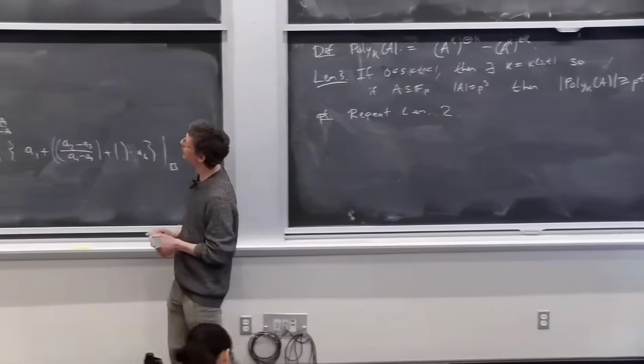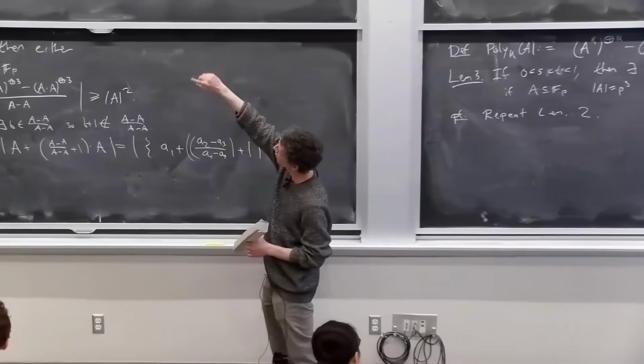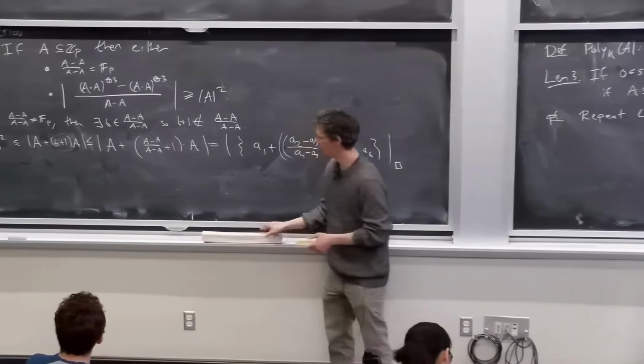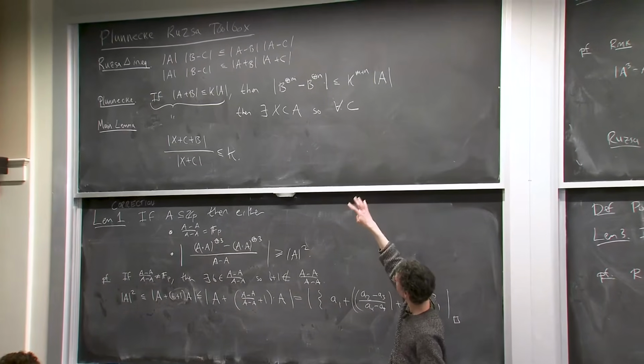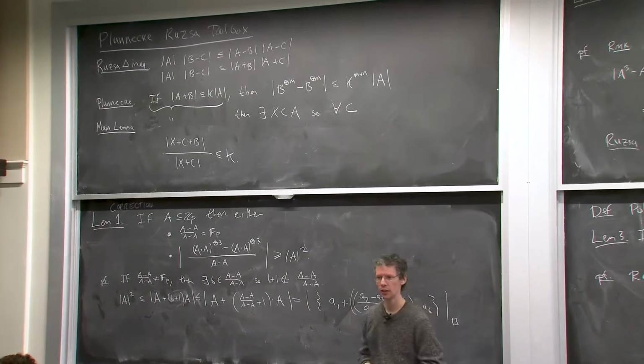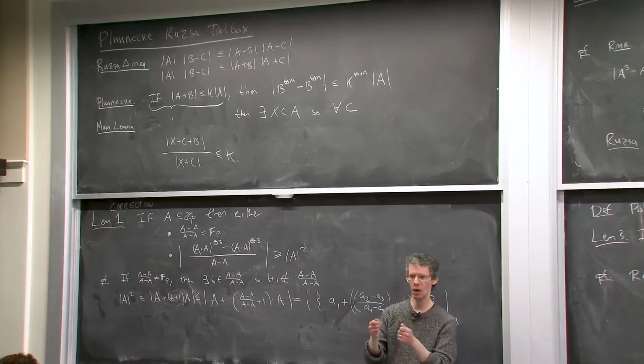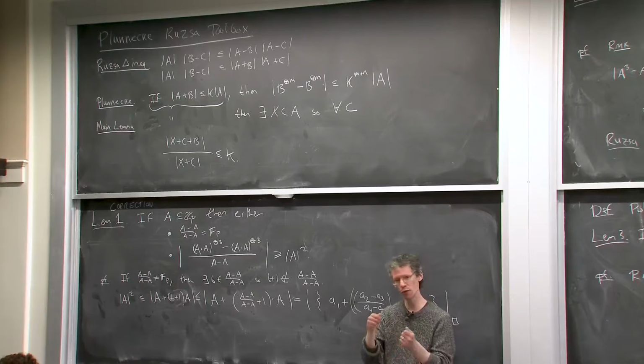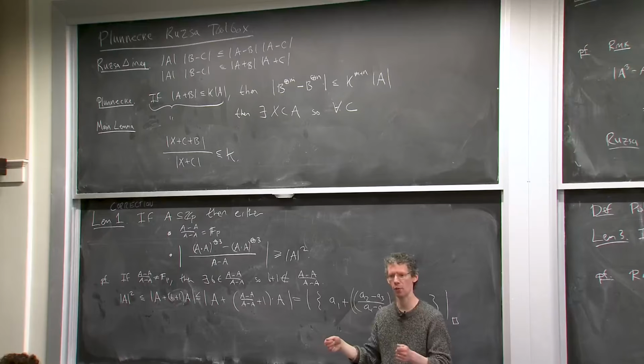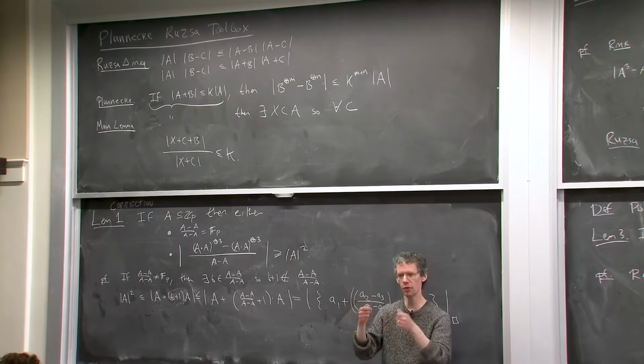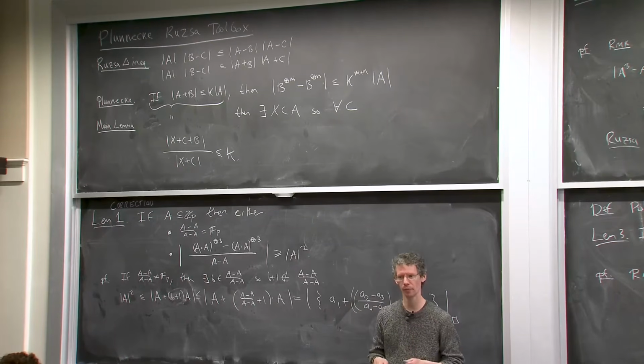So a takeaway that I have from the Ruzsa-Plünnecke inequality is that there's some kind of contagiousness of structure. So if you see that one projection or a few projections are very small, then it implies that some other projections are small. Or if a few subsets are small, it implies that other subsets are small.